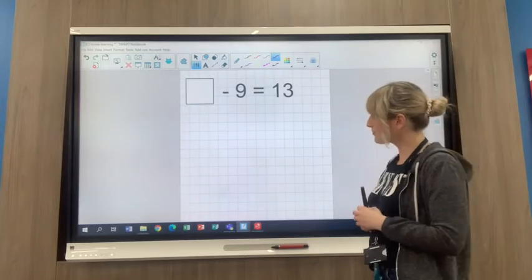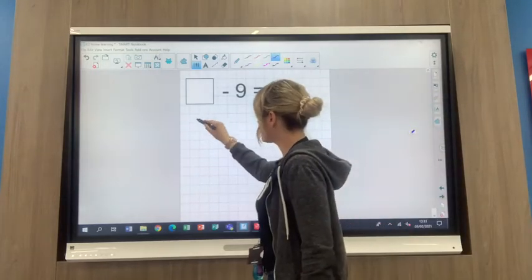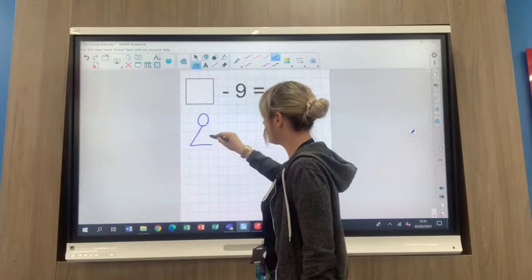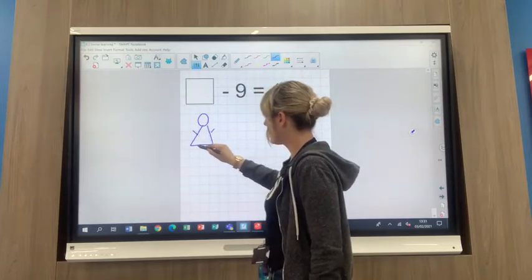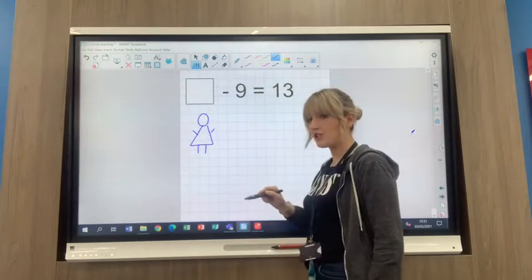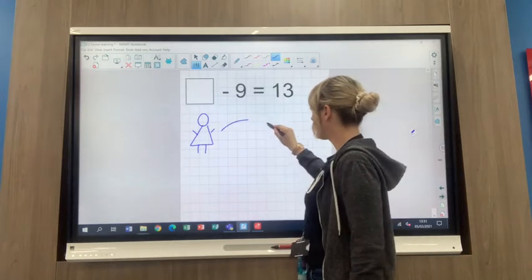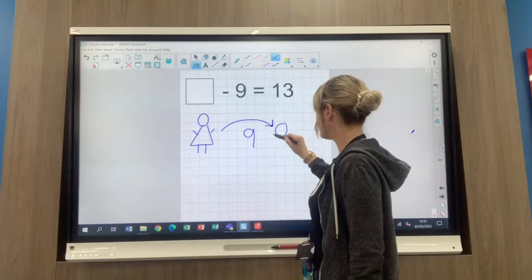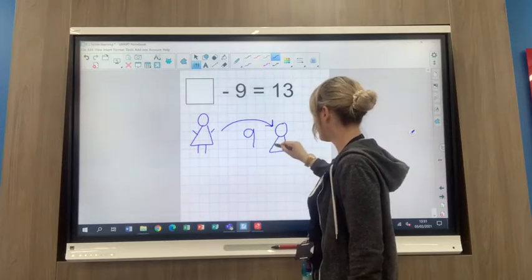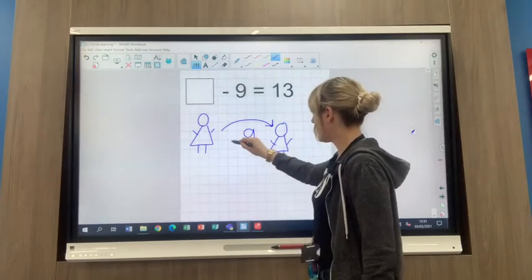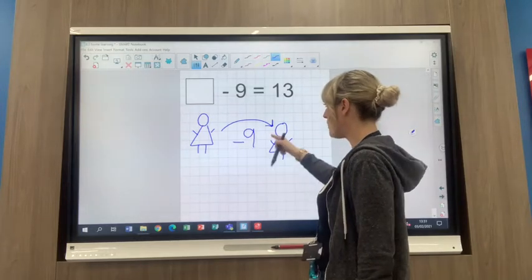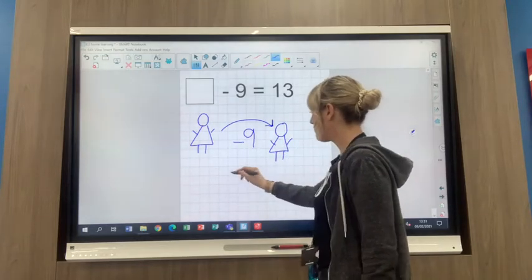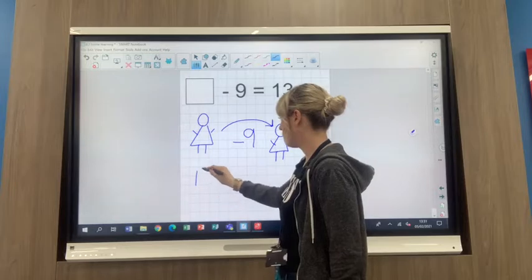Let's do a little picture to help us. Here's my little girl. She's got some Barbies and she gives 9 to her friend. So she's taking away 9 and she's left with 13.